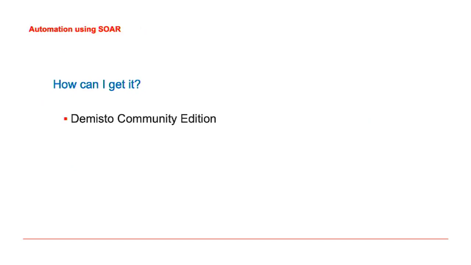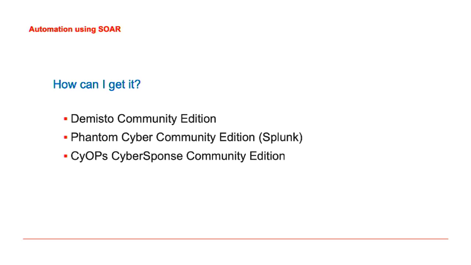So a lot of people have asked, okay, that's cool. How can I get it? Well, luckily there are three products that offer community editions that are all really good. Demisto is one of them. Phantom, which is Splunk, is another one. And Syncurity, CyberSponse, is the third one. And they offer community editions.